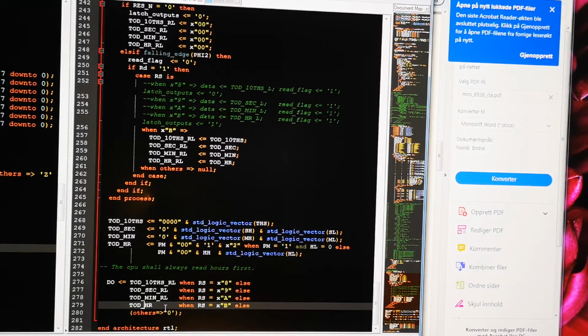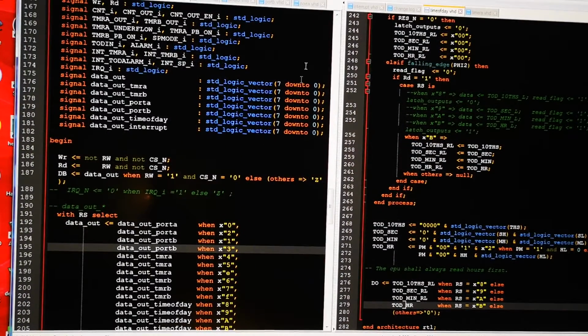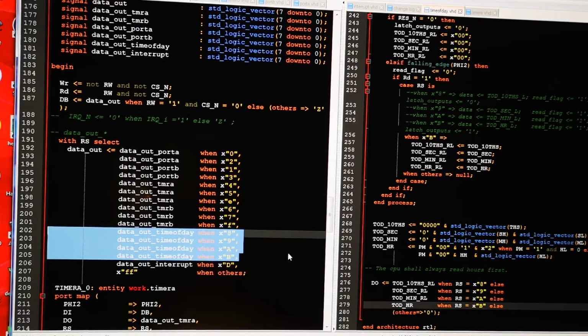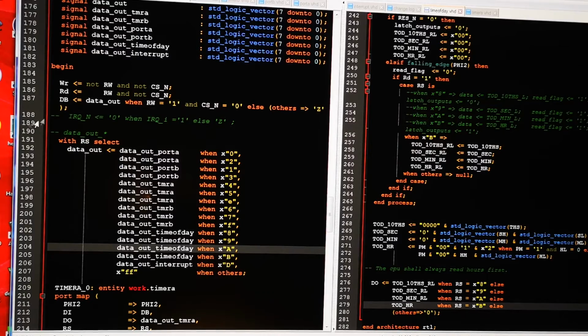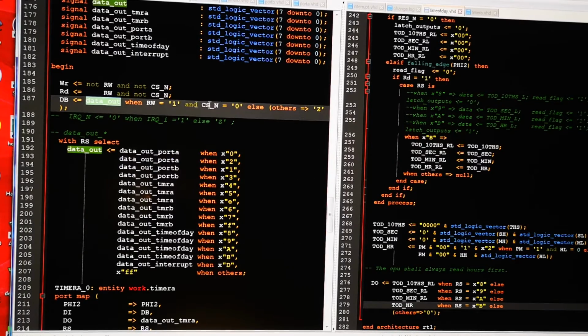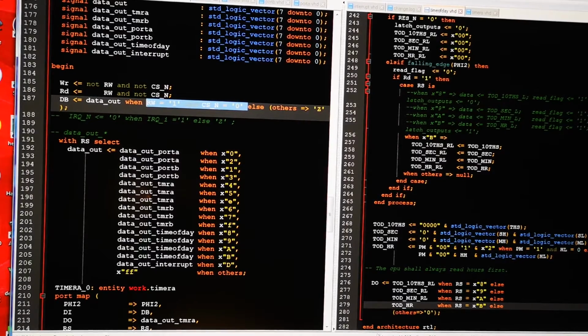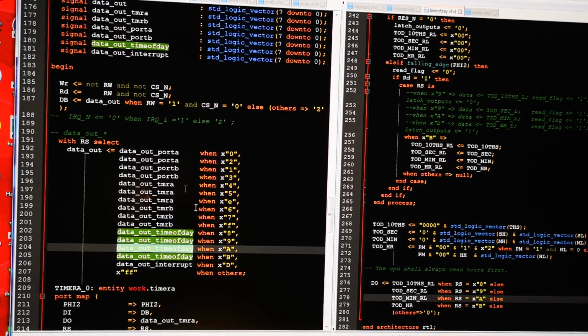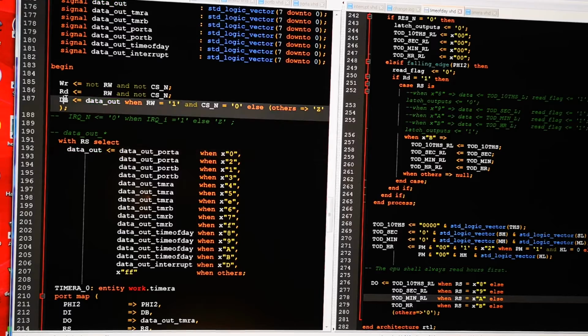No clocking or anything. However, in the top structure, here are the 4 datas. We also put them out on the bus whenever chip select is 0 and read write is 1. So basically you can say that the latch comes from here, and then it goes into data out of that port, and then into here, and then into data out, and then finally to the data bus.